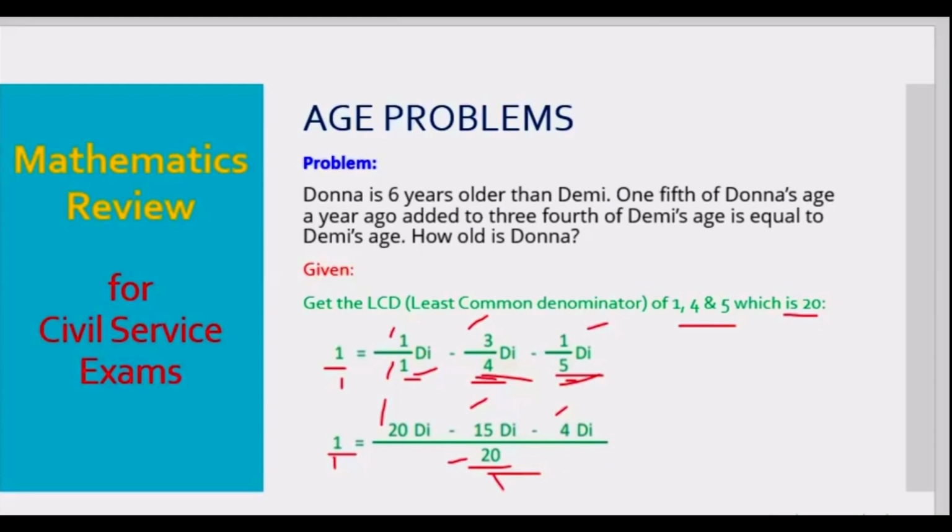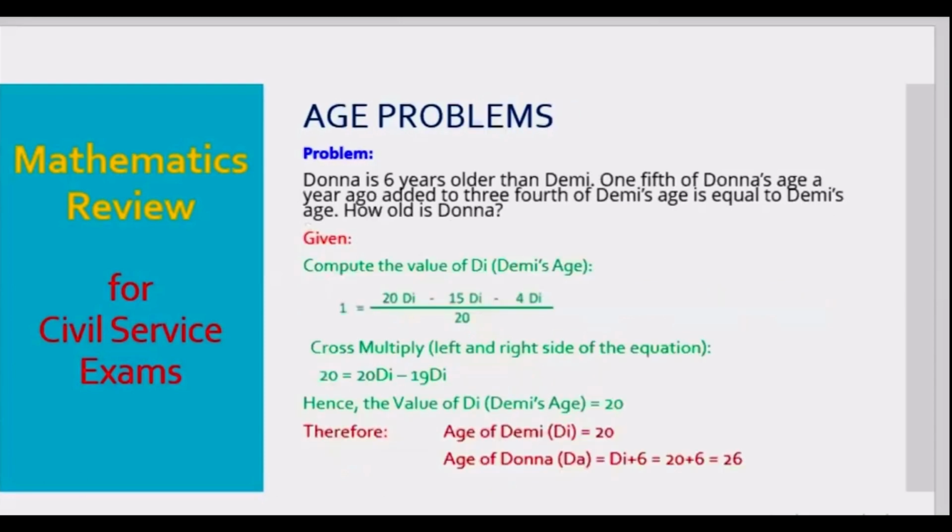Okay. In the next slide, we'll just cross multiply here. So the 20, cross multiply. Then combine these so it is no longer messy. So 20D minus 15 minus 4 equals 20D minus D. Since I cross multiplied the 20, it goes here. This is over 1, so I multiply 1 times 20.